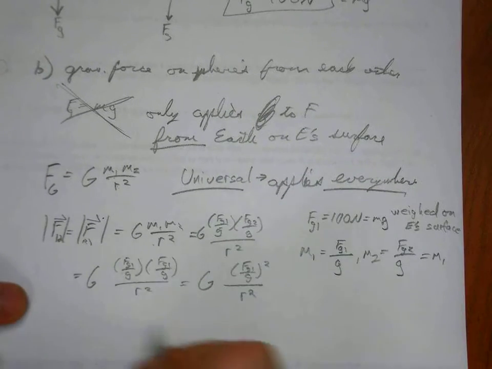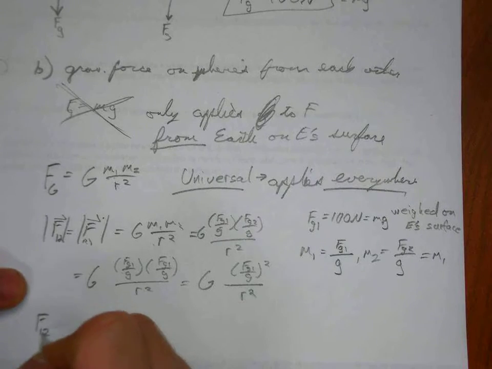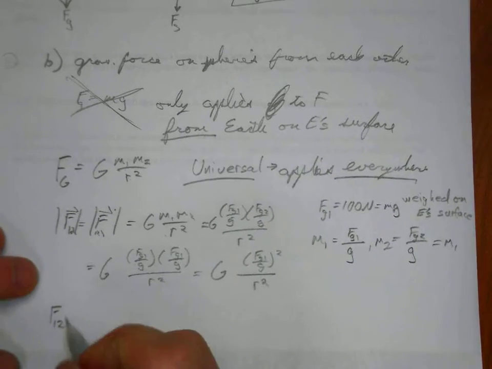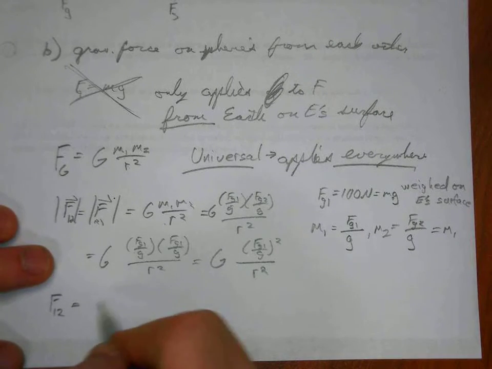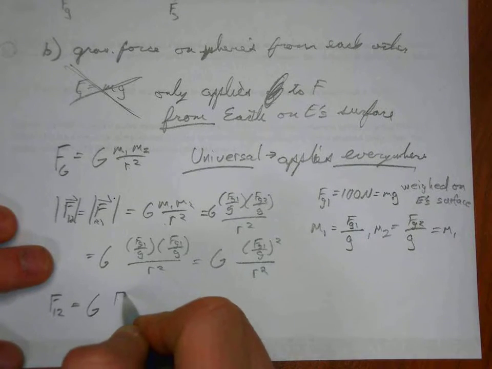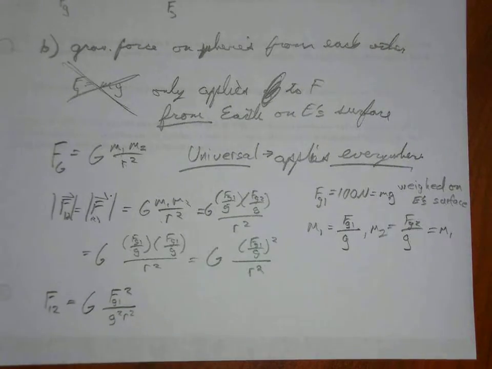Okay, so if I then continue F12, and again I'm dropping the vector bars because we're talking about magnitudes, equals G times Fg1 squared over g squared r squared. I just moved things around a little bit, made it a little cleaner.